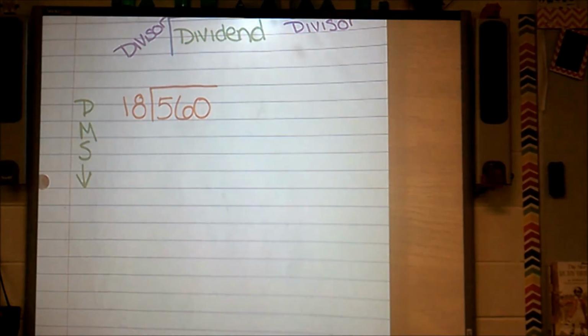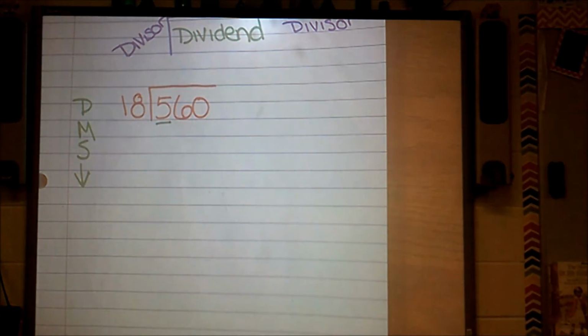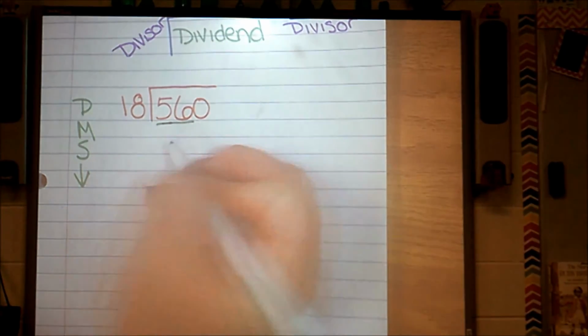We're going to say, without going over, can 18 fit inside of 5? If I count by 18s, will I ever pass 5 or hit 5? Answer is no. So I'm going to move straight to my next digit, my 56.